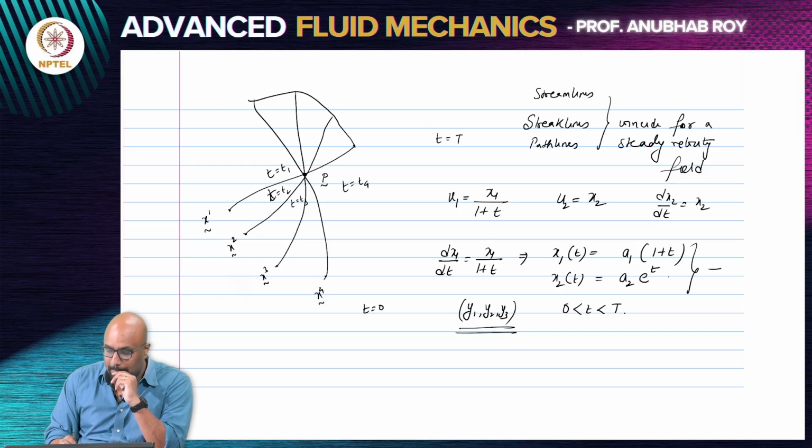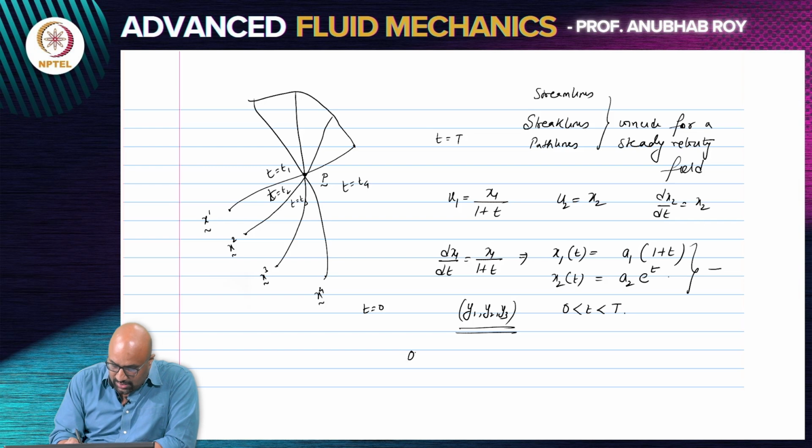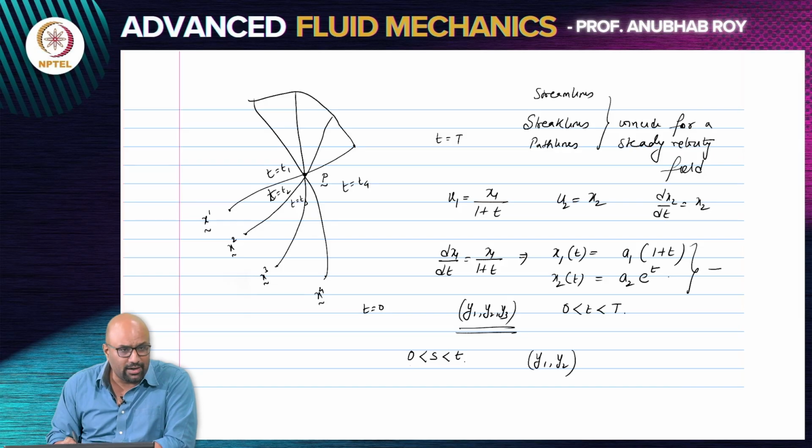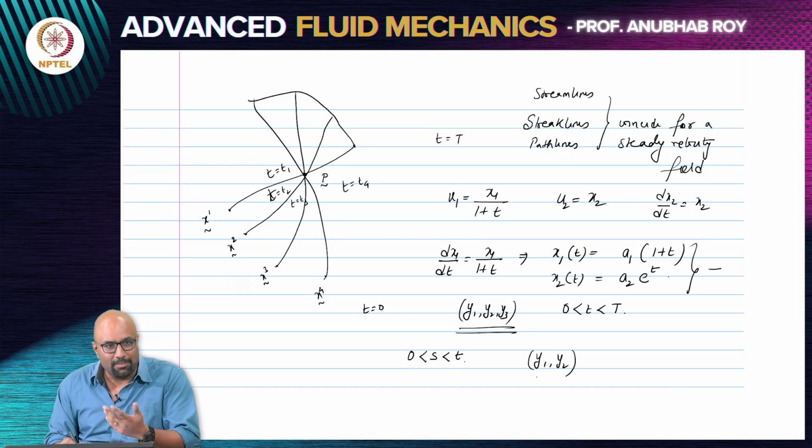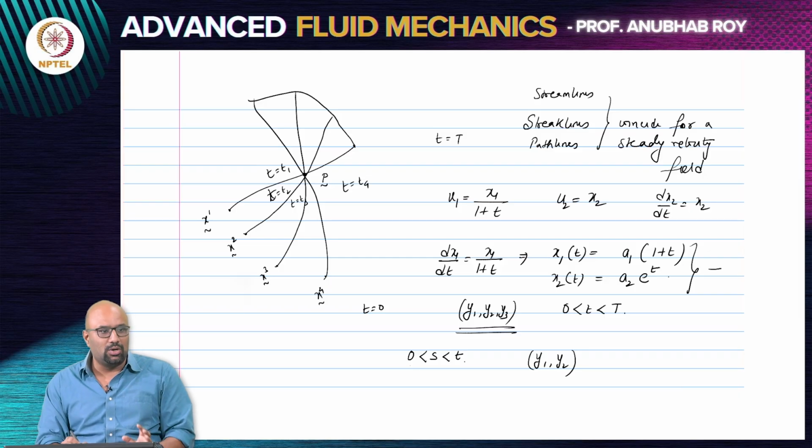Okay. Now, what we are saying is that at some time interval, which is between the final time instant t and the time instant 0, it passes through the point y1, y2. I am just doing 2D right now. Again, the algebra can be extended to 3D. So, you understand conceptually what you are doing.